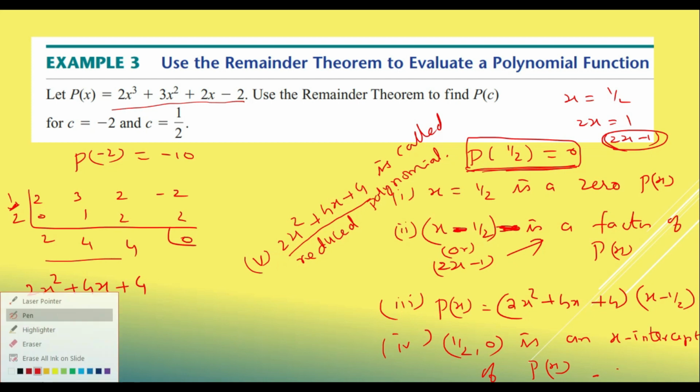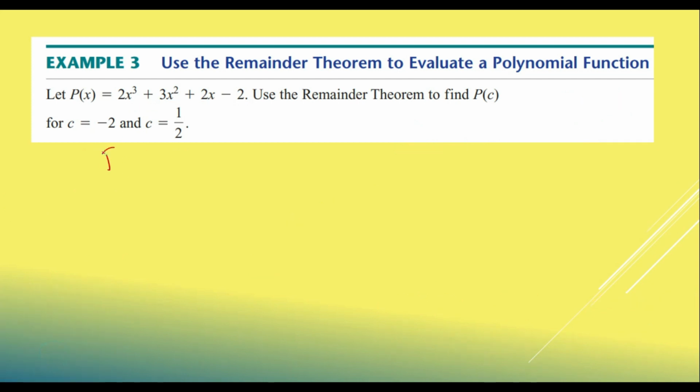Whereas in this first case, when P of C is equal to minus 2, you can express the polynomial P of X in quotient plus remainder over divisor form, and the other parts are not true. Other parts, this C is minus 2, is not a 0. Other points that we have written for C equal to 2 are not true for the first case. That's it.